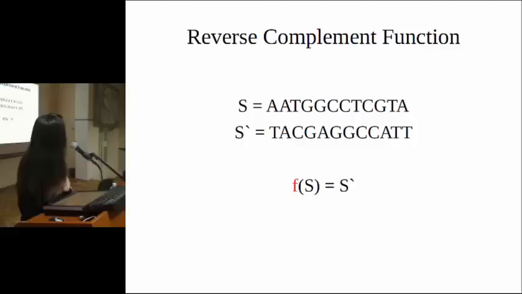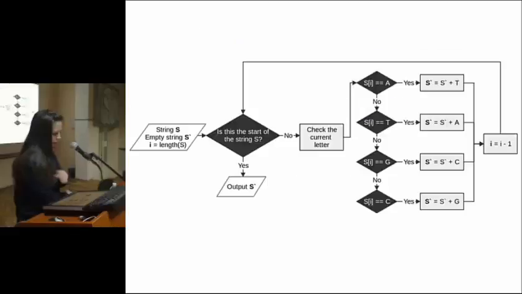If no, we need to check the current letter. Then we check if it's A. If yes, okay, we had A here. So if it's A, we will proceed smoothly and just add the complementary letter to our string S dashed. Then we decrease the pointer, so we move backwards.